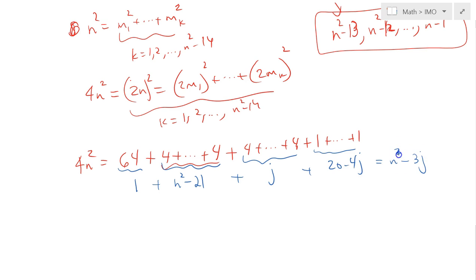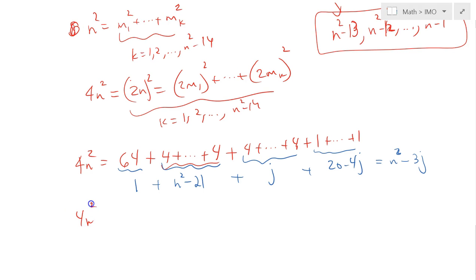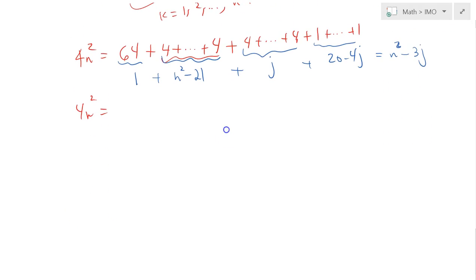And in a similar way, I will continue expressing 4n squared in 2 more ways. 4n squared can also be expressed as 36 plus 16 plus 16 plus 4 plus 4. Obviously, I'm splitting the 4s in a careful way so that I make sure that it works.